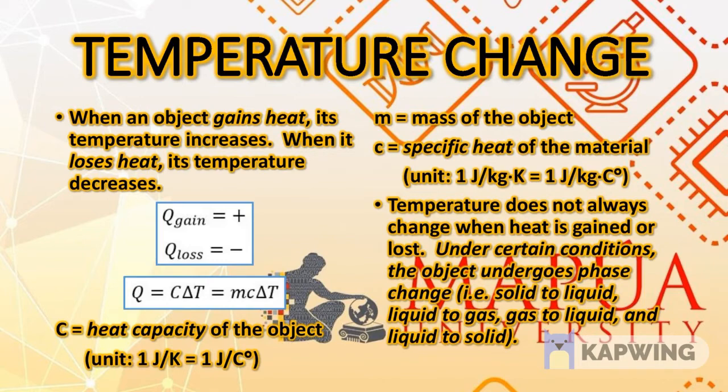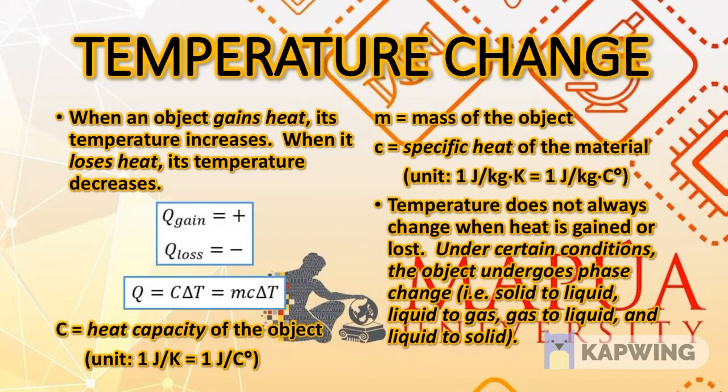The heat will flow from one object to another. The first object is said to lose heat, whereas the second object is said to have gained heat. So heat gain and heat loss. And by convention, heat gain is positive and heat loss is negative.